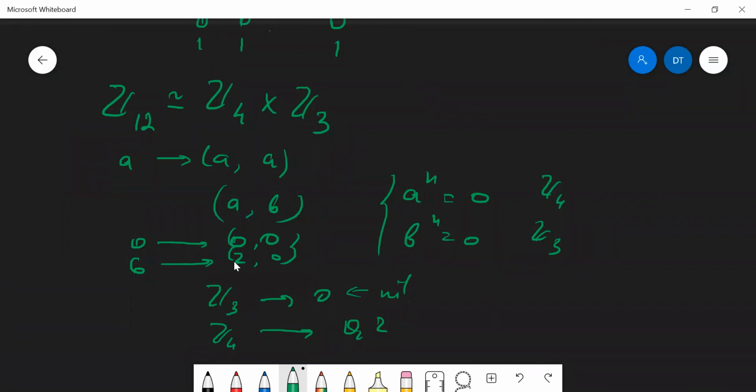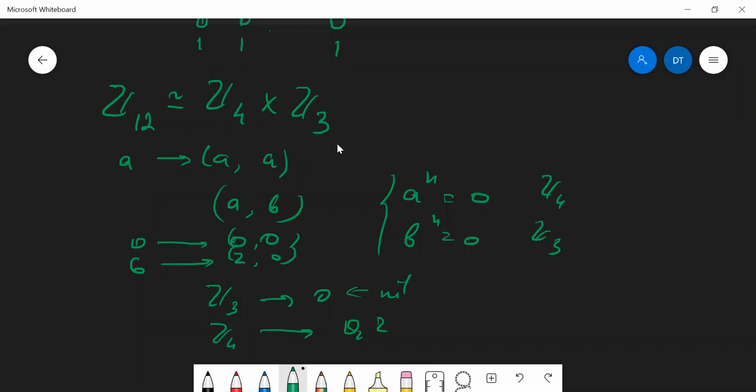So you put all possible options for the nilpotent at the first coordinate. So it's either 0 or 2, and all possible options here. Here you have only one option, just the 0 element. So that's why you have just (0, 0) and (2, 0). It's a set of pairs, so you have to consider all possible pairs, like in the case of idempotents.